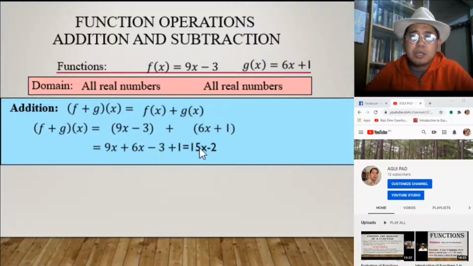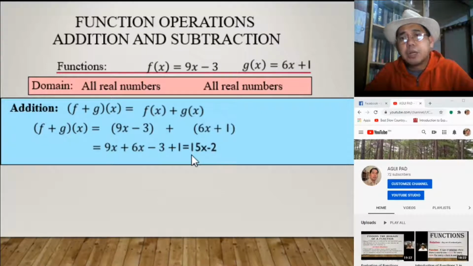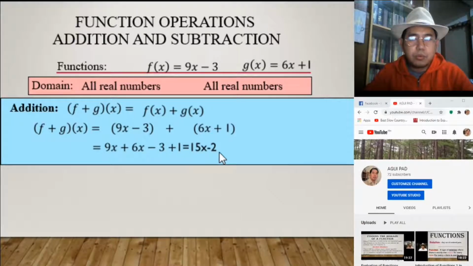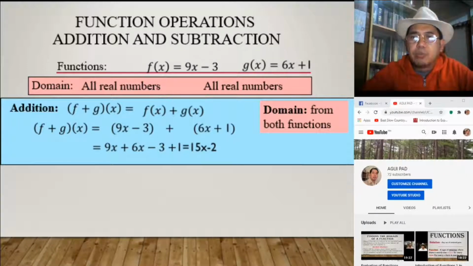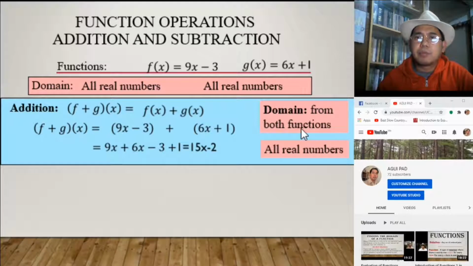That is negative, and so we have negative 2. The final answer would be 15x minus 2. Next, you will notice that if the domain of the two functions involved are all real numbers, it will follow that the result will have a domain of all real numbers.